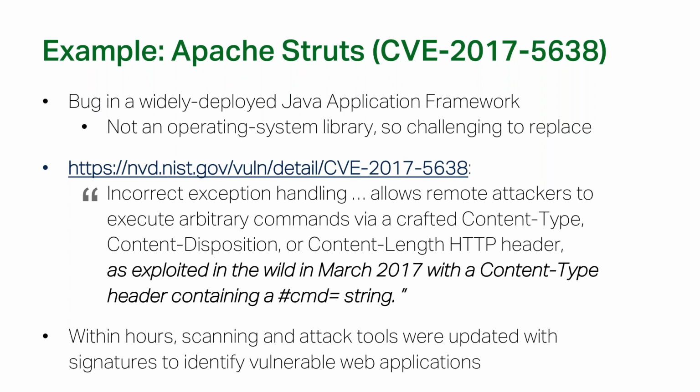It's a message which corresponds to a piece of code that needs to be run in order to generate the true output. Attackers were able to exploit that by embedding OGNL expressions within a content type header, specifically the hash command equals part of that expression. That would trigger the exception handling.